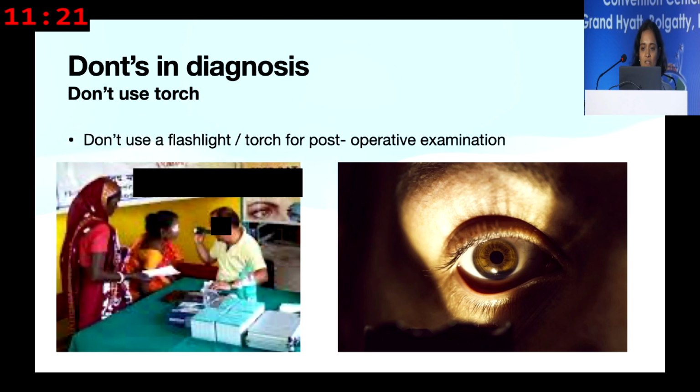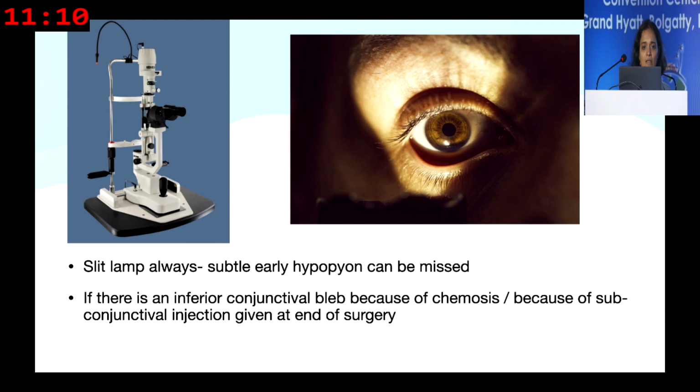Here I have used this photograph just to show that there is a very early hypopyon here, and it can be missed on torch examination or a flashlight examination, especially if there is an inferior bleb or a conjunctival bleb when we have injected a subconjunctival antibiotic and steroid combination. It can obscure the hypopyon.